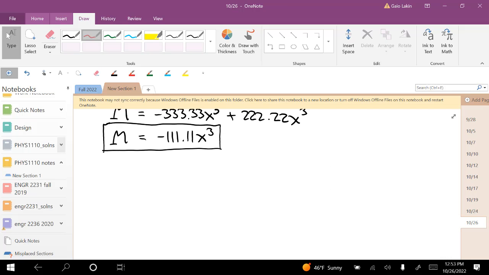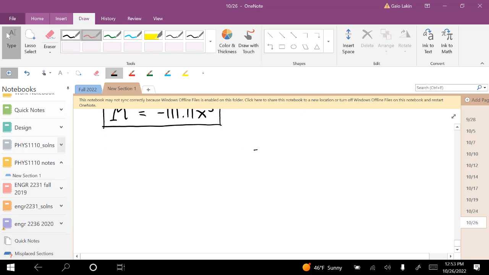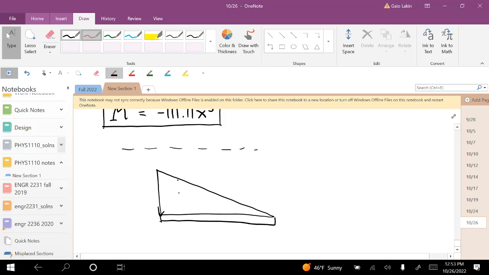Let me leave you with one additional thought before we go, something to stew over actually. What if our beam was like this? You know, here's the distributed load. Would that be about the same to calculate?